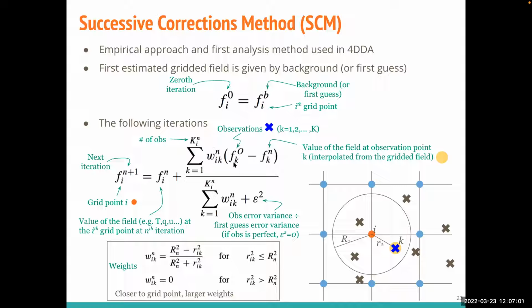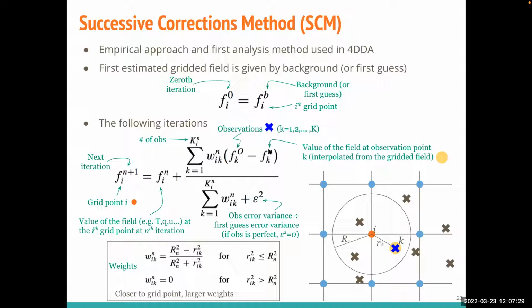And then we do this to move forward to the next iteration. So n is your current iteration, and n plus 1 is your next iteration, much like the numerical methods that you have learned. This one is your observation, this one is your current iteration.